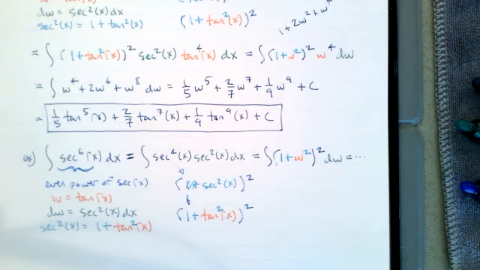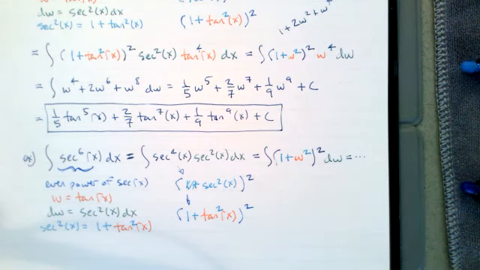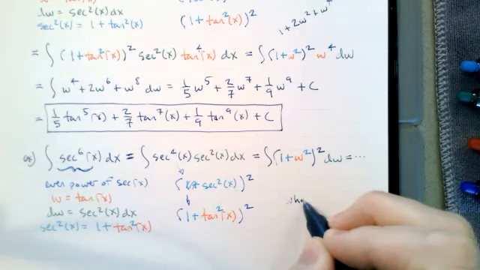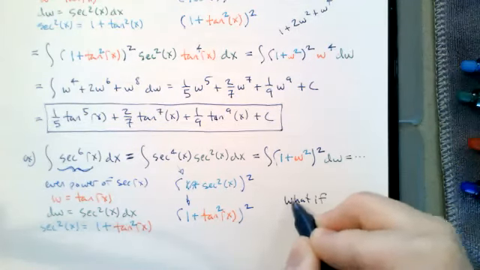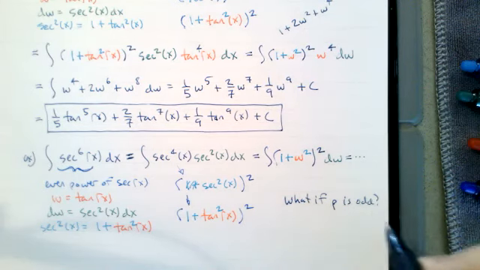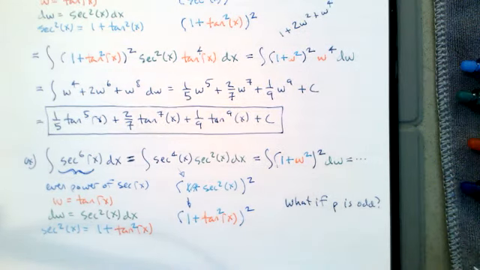Your job: what if P is odd? That's going to be your first assignment. If P is odd, what's the substitution? Is there anything else that we need to make the substitution go?